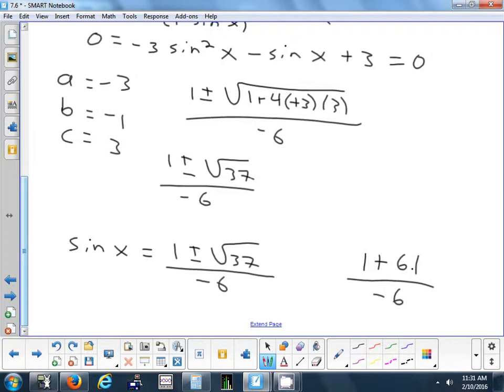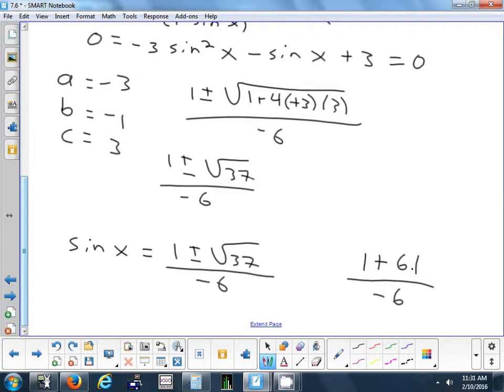A number a little bigger than 7 divided by negative 6 is going to be a little bigger than negative 1. Does sine ever hit negative 1? No. So you don't have to worry about the case where it's 1 plus square root 37 over negative 6. You're not going to get any solution from that part because it's going to be negative 1 point something.